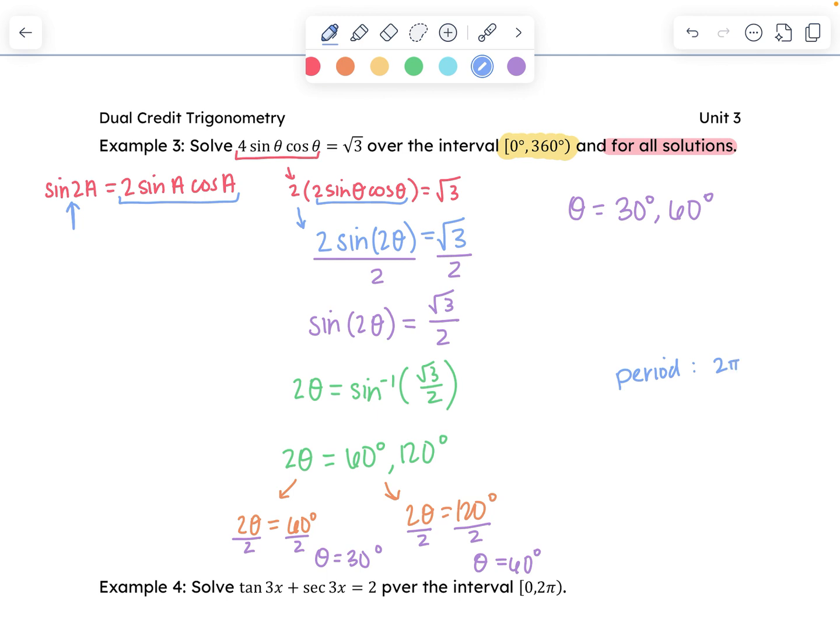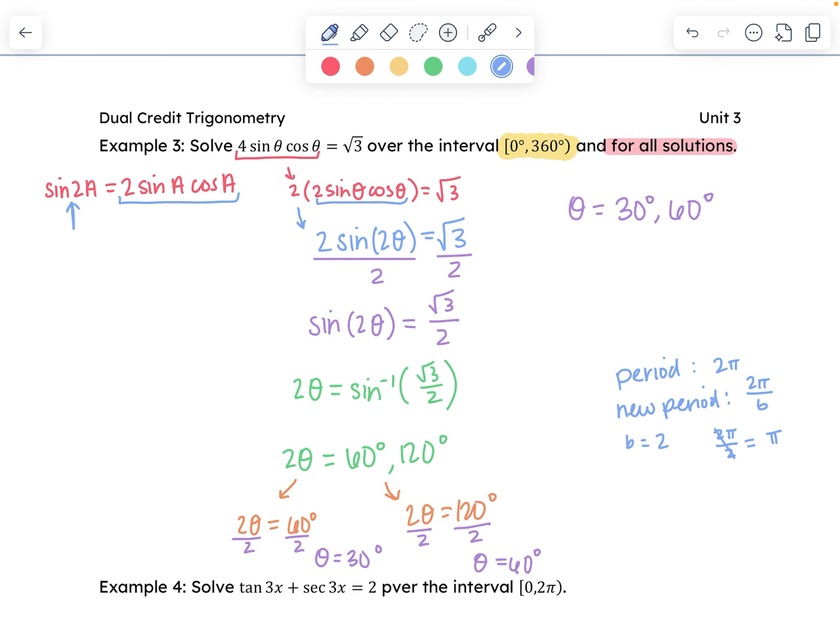Now I'm looking here and I have 2 theta on the inside. So for my new period, I've got to do 2 pi over b, and b is going to be that 2 that's in front of the 2 theta. So that means I'm going to have 2 pi divided by 2. The 2's are going to cancel, so my new period's pi.